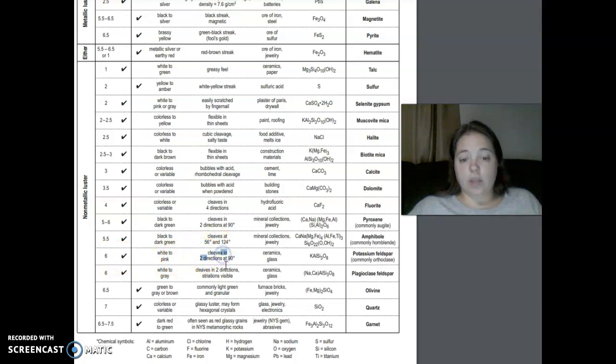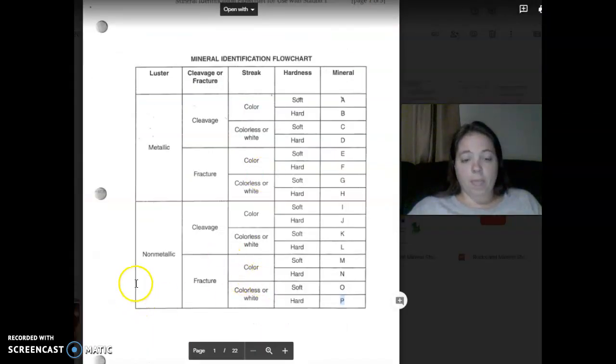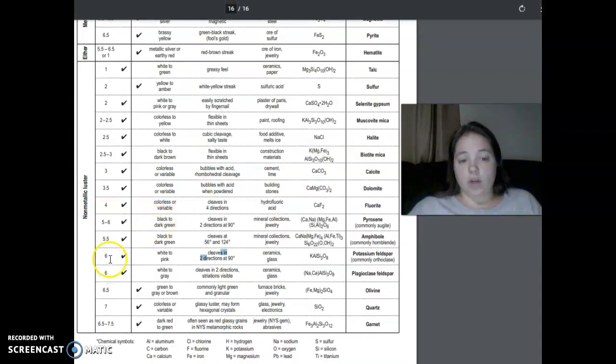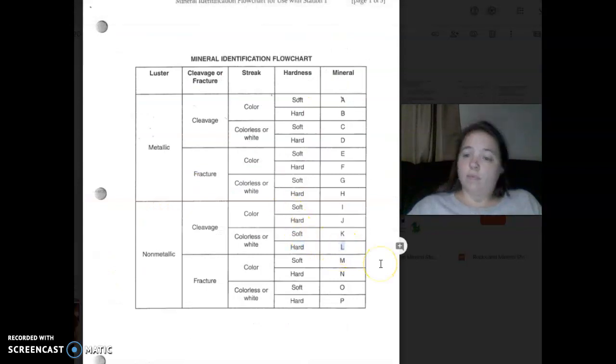Definitely says it cleaves right there, in 2 directions at 90 degrees. So let's go through it. It is non-metallic. It cleaves. Has no streak. It is hard. Why is it hard? Because it's a 6. And look at that. The letter is L.